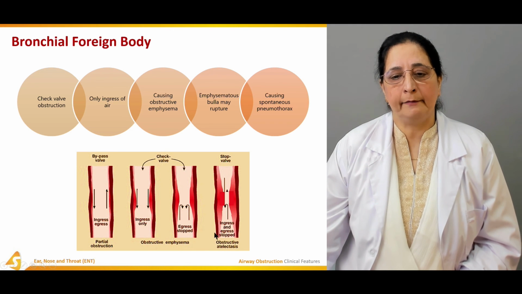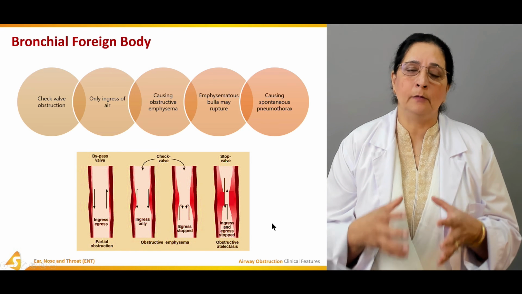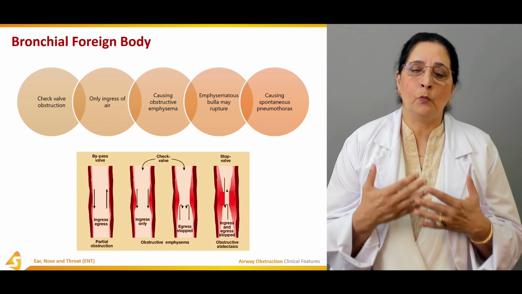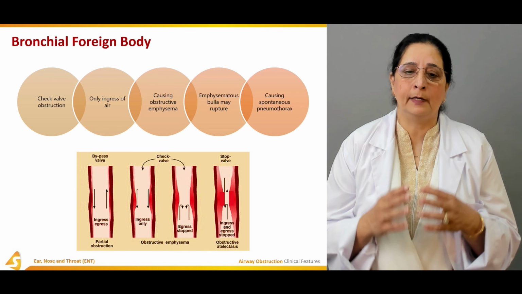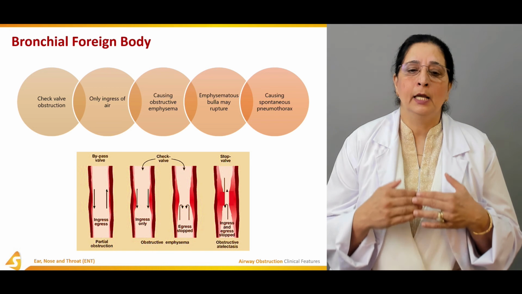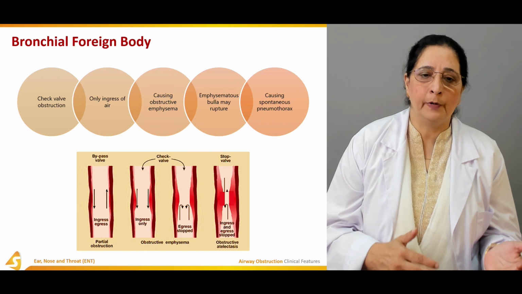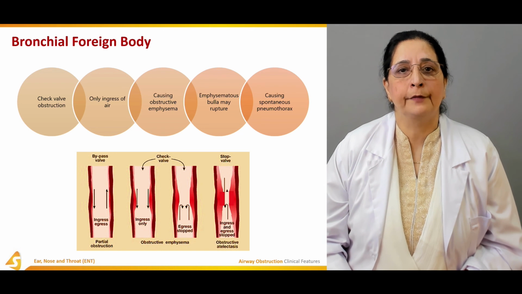So this is the mechanism of bronchial foreign body. Depending on the cause, it can cause check valve obstruction, or stop valve, or open valve, bypass valve. These are the different types of obstruction.